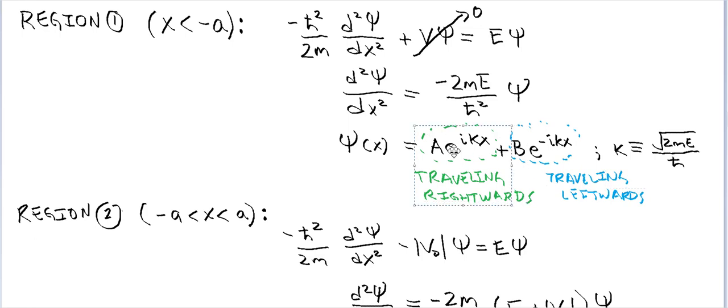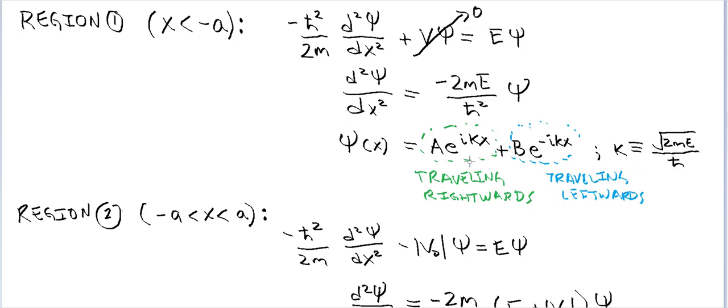Note that the e to the plus ikx term represents a wave traveling from minus infinity towards plus infinity, and the e to the minus ikx term represents a wave traveling from plus infinity towards minus infinity, right?